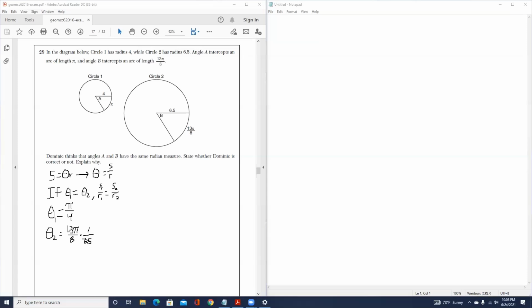We can further simplify this, because 13 is a multiple of 6.5 by a factor of 2, and 6.5 is a multiple of itself by a factor of 1, and we get pi over 4.